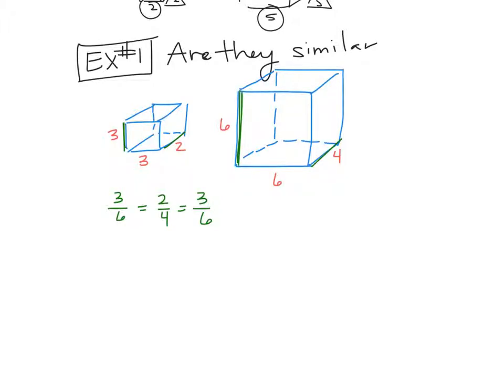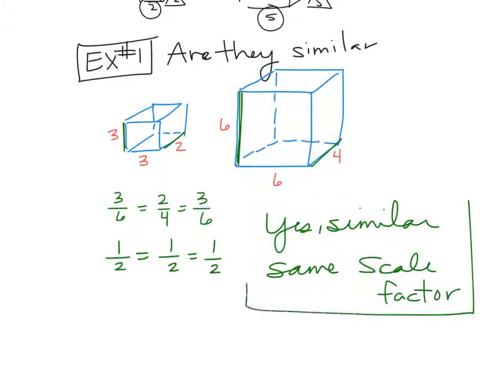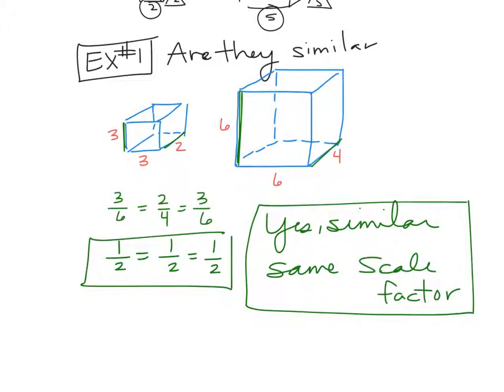Would you say these are similar figures? Yes. Why? Because they're equal. So if you reduce, and you always need to reduce, guys, every single time, this is 1 to 2, this is 1 to 2, this is 1 to 2. So are they similar? Yes, they are similar, because they have the same scale factor. A scale factor of 1 to 2.